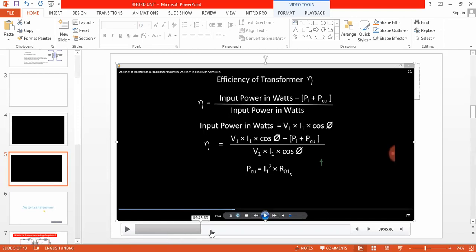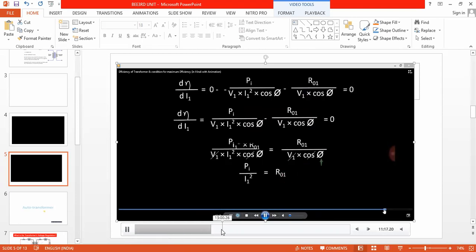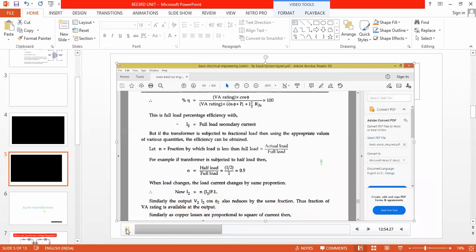Let me maximize. All students, please take a screenshot of this. The efficiency formula is what we have seen just now. In place of V1 I1 cos theta, we can write V1 I1 as the VA rating.